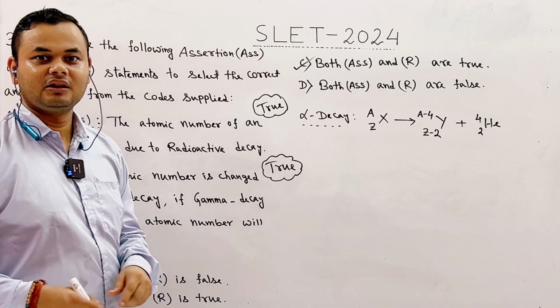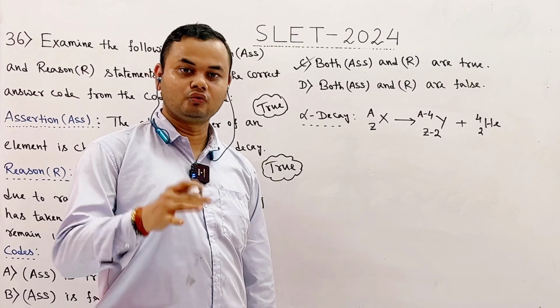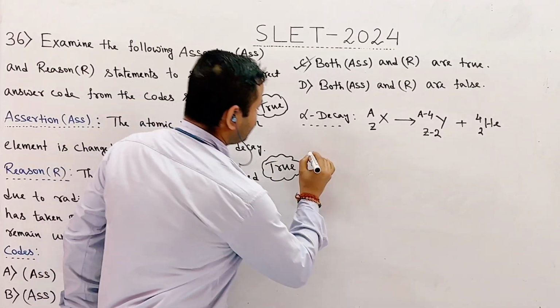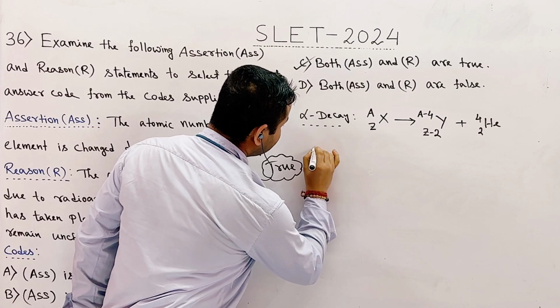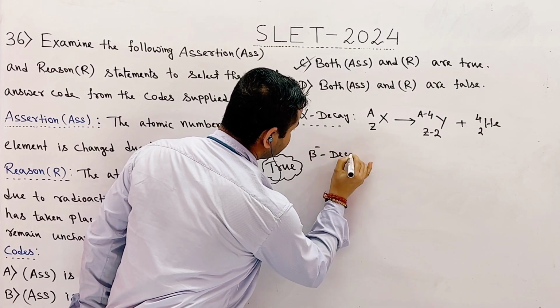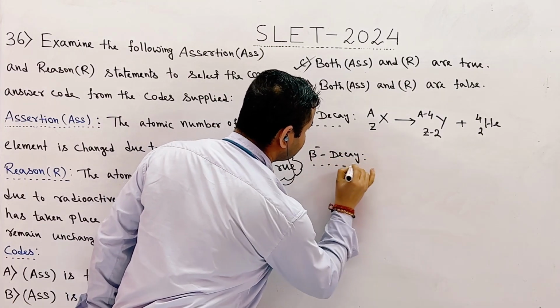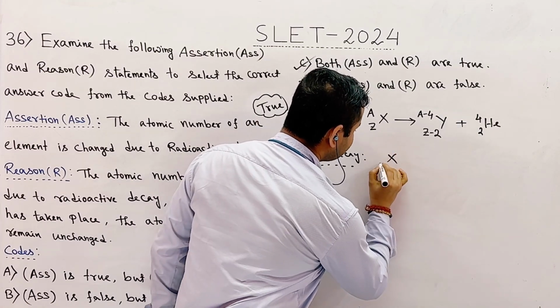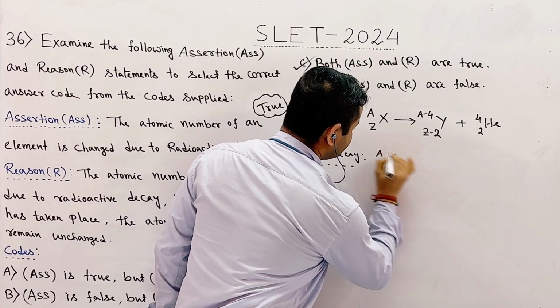Next, beta decay. We know that beta decay is of 2 types, beta minus decay and beta plus decay. So, first one is beta minus decay. Again, we assume that X is the parent nucleus.